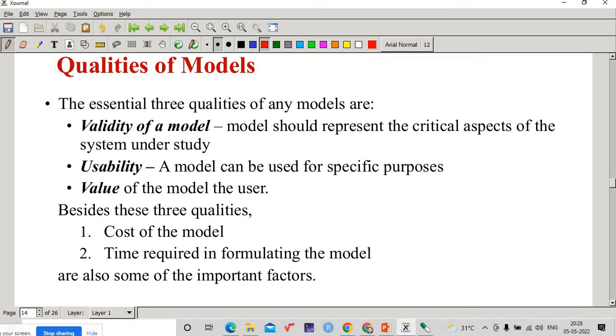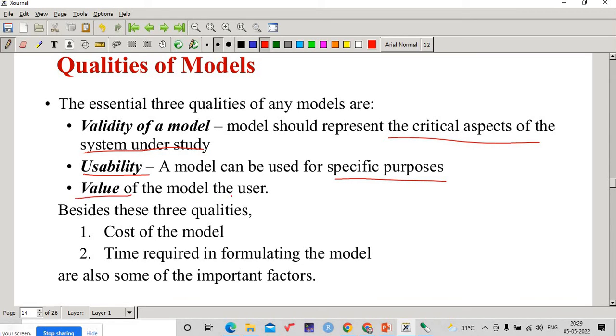Quality of models. The essential three qualities any model should have: validity, definitely. It should be a valid model for that particular problem. Critical aspects in our model under study should be properly justified. Usability: anyone should or can use that model properly with the specified purpose.